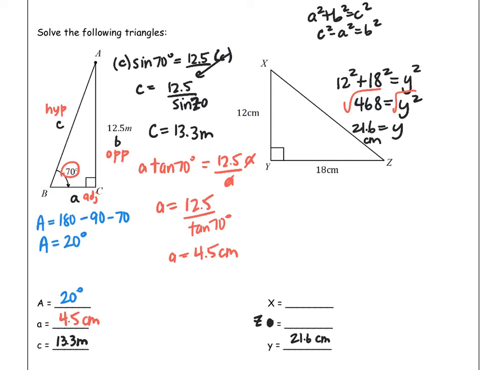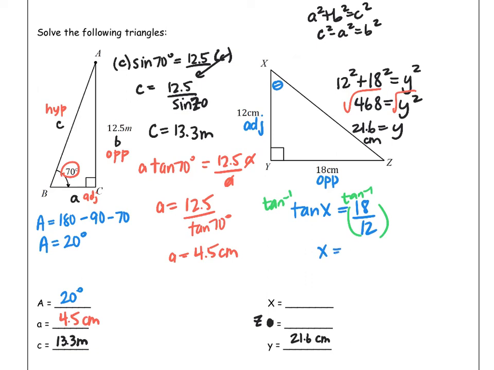Now, if we want to calculate the angles, it doesn't matter which one. If I calculate angle X first, remember to always use the given information. So I'm going to use the 18 and the 12. So this is opposite and adjacent. So tangent of X equals 18 over 12. And I have to inverse tan to get that off of there.